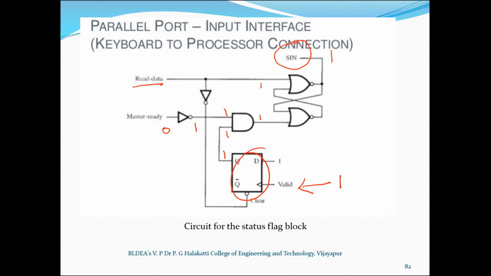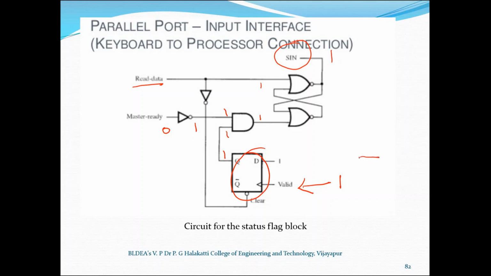Now one thing we need to note is that a push button switch on the keyboard, when it is pressed, will bounce, and due to bouncing, a single press could be erroneously interpreted as the key being pressed and released rapidly several times.